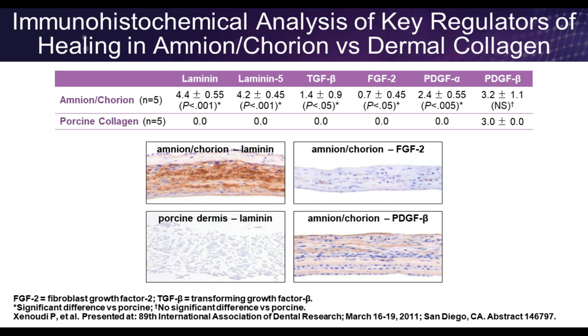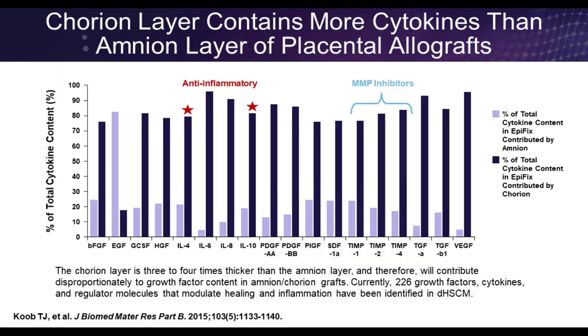the amnion chorion unit. And in fact, if we look at where these key cytokines and growth factors are located within the amnion-chorion unit, you can see that a huge amount of the growth factors and cytokines are present in the chorion layer rather than just the amnion layer.